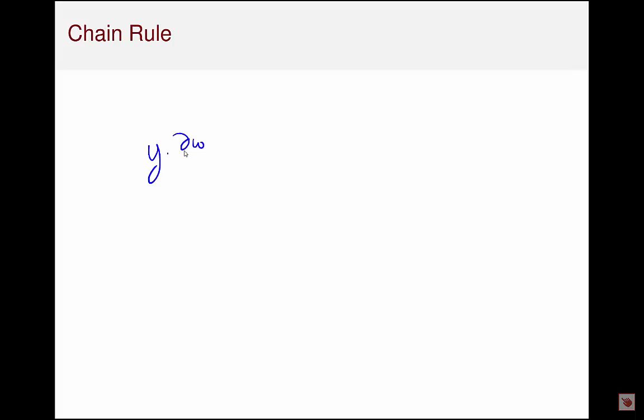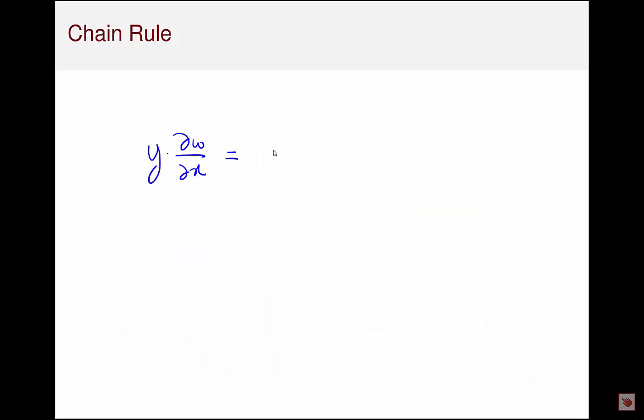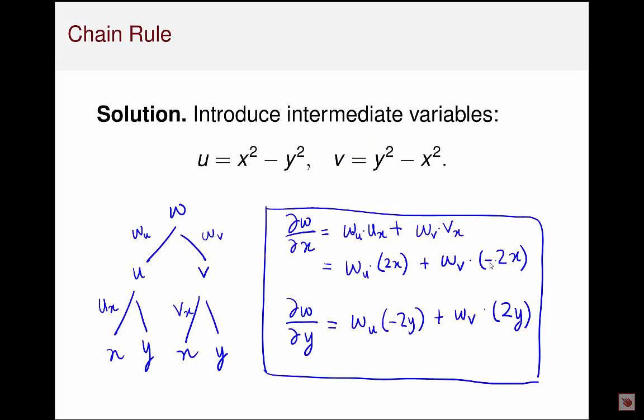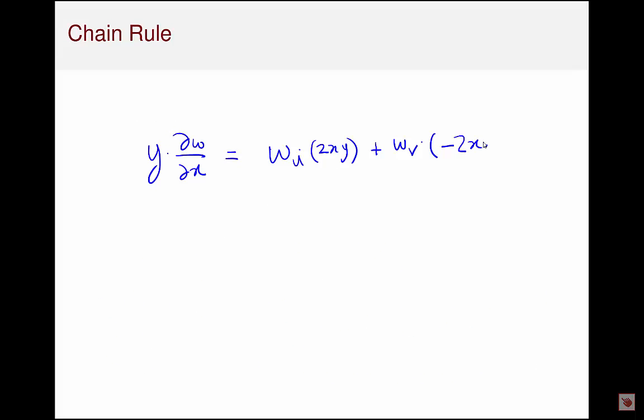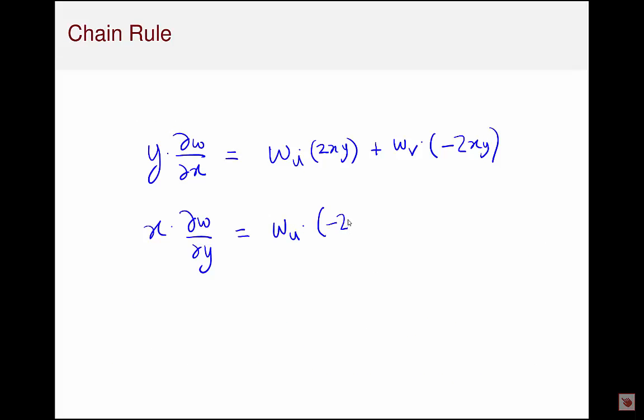Right, doing this will give us the following expression, which we're going to write here on the next page. y times dw/dx. Let's see what happens if we multiply y to the right hand side. So we are going to get w_u times 2xy plus w_v times minus 2xy. Likewise, for the second one, x times dw/dy will become w_u times minus 2xy plus w_v times 2yx or 2xy.